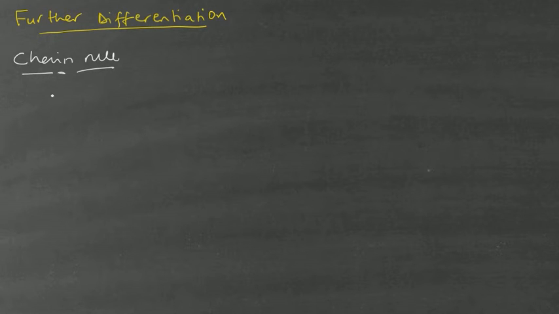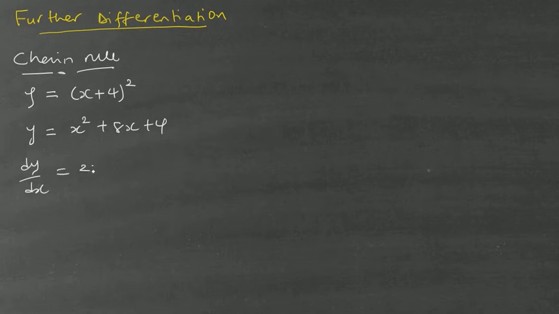When we use the chain rule, when we are faced with a function, for example, y equals (x plus 4) squared, when we're told to differentiate such a function, someone would easily think about expanding this to give you x squared plus 8x plus 16, which is okay, and then they go on to differentiate, giving you 2x plus 8.